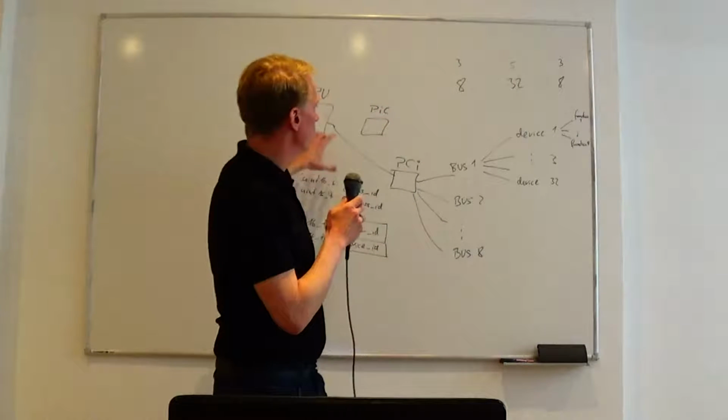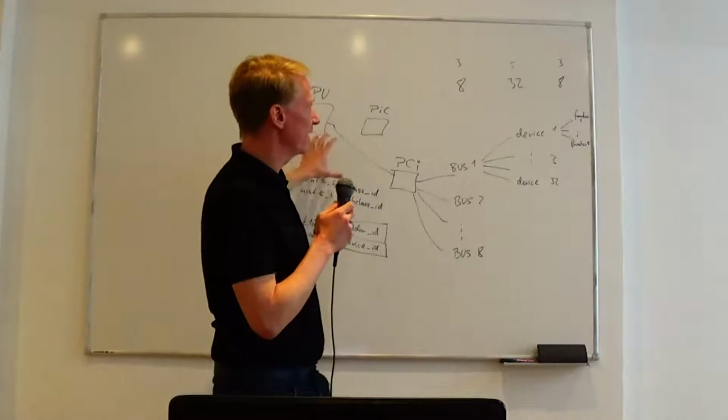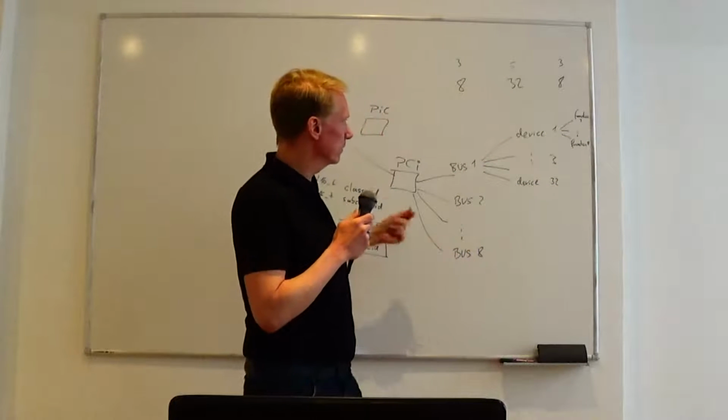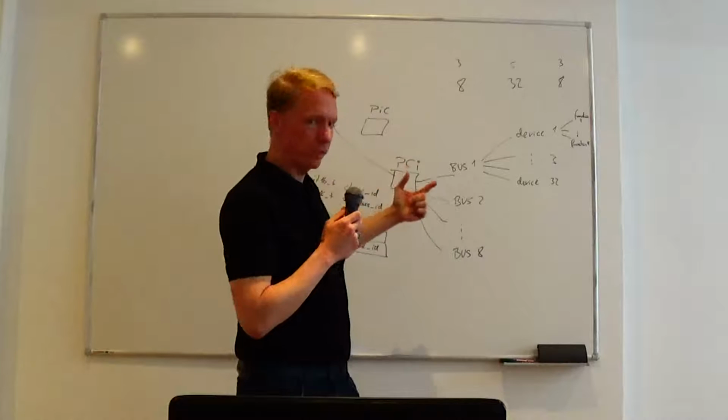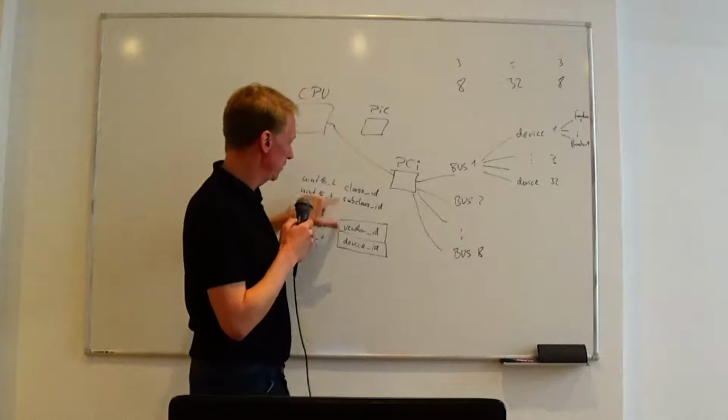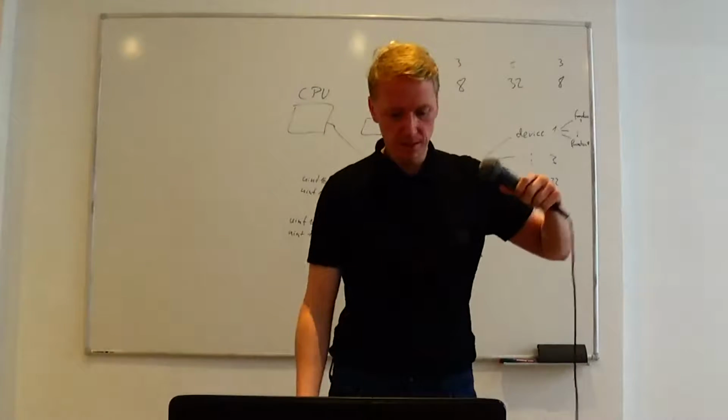So what we also have to pass is the offset of the data that we want to read. There's an offset for the class ID, an offset for the subclass ID, and so on.